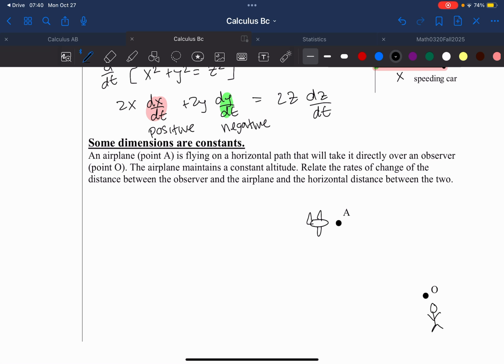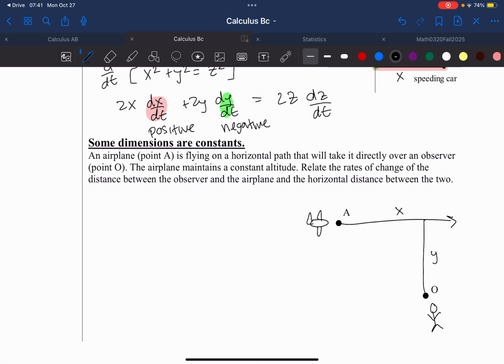And it's saying that it's flying a horizontal path directly above the observer. So I know it's going this way. The airplane remains at constant altitude. Fine. So since the airplane is flying this way, let's call this distance x. And we can connect this to the observer.